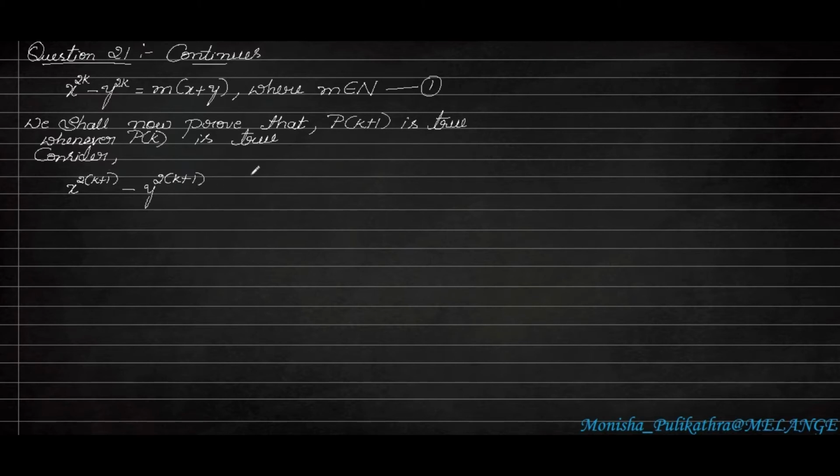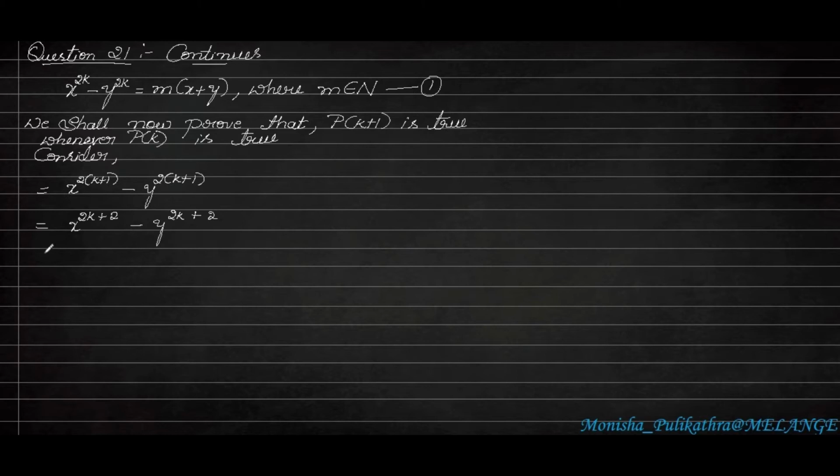After this, we have to simplify the whole thing in order to show that P of k plus 1 is also true. So multiplying out, 2 into k is 2k, plus 2: x to the power of 2k plus 2 minus y to the power of 2k plus 2.